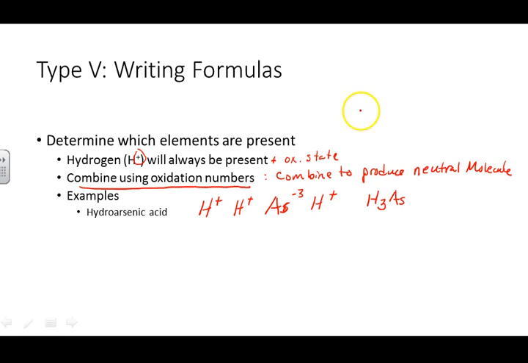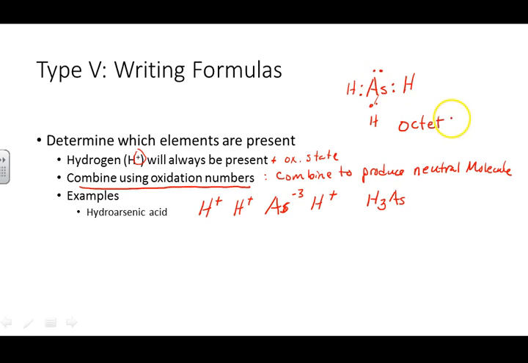H3As. Another way to look at that is that if we look at arsenic and you do its dot diagram, it would look like this. So when we look at hydrogen, we bring in a hydrogen, 1 electron, 1 electron, 1 electron from each of the hydrogens, and you'll notice that that gives this compound something known as an octet.